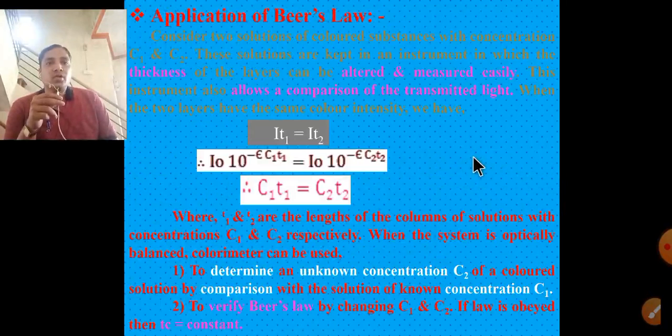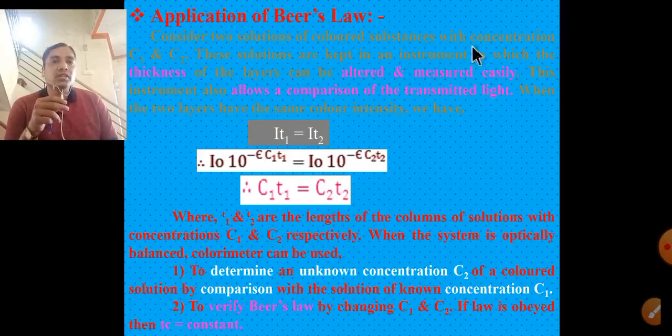Applications of Beer's law. Consider two solutions of colored substances with concentrations C1 and C2. These solutions are kept in the instrument in a cuvette in which the thickness of the layer can be altered and measured easily.